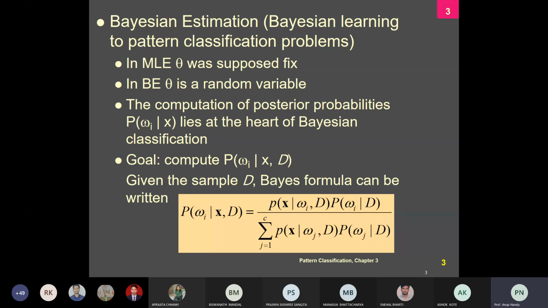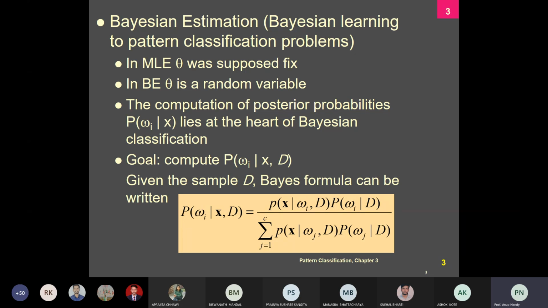So if this information is not given to you, that is why capital D means the training data sets. These data sets will be partially given to you, or it is your prior knowledge, and such knowledge is actually the functional form, because from these data sets you can design a functional form for the unknown density, and you can find the range of values for unknown parameters.